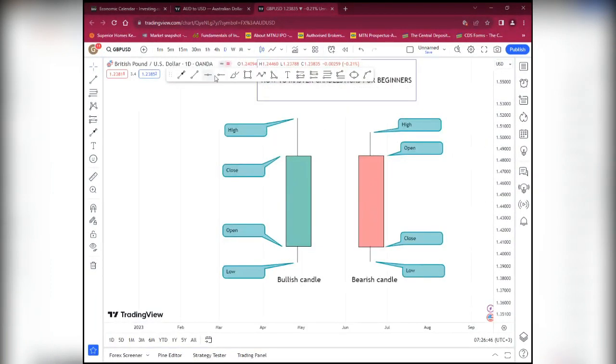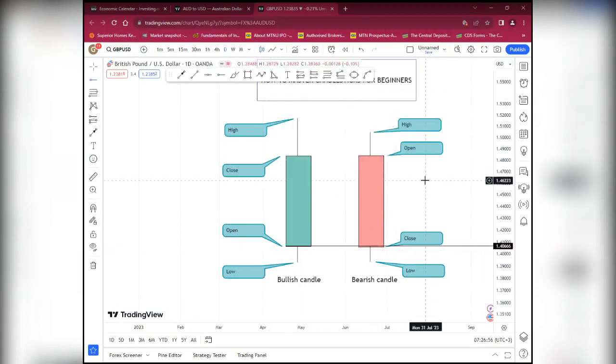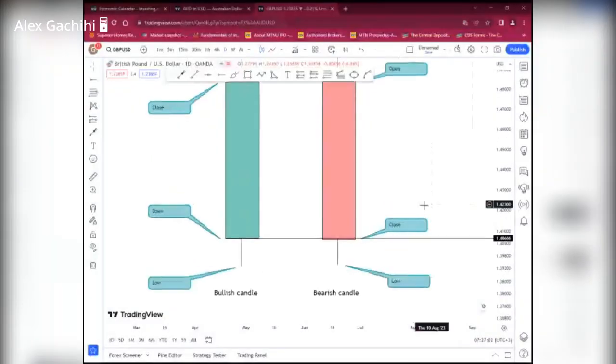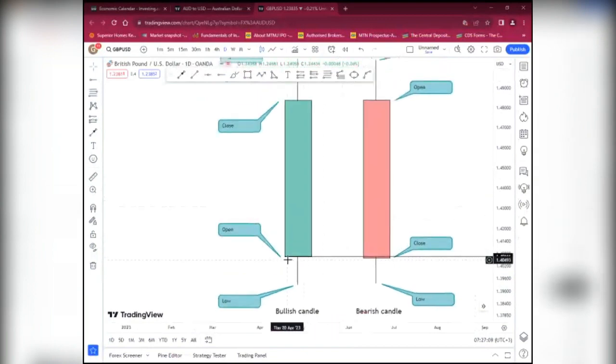So these are the opening prices. Opening prices right here. Let me do this in black. If you look at my black ray right here, 1.40666 is my opening price.